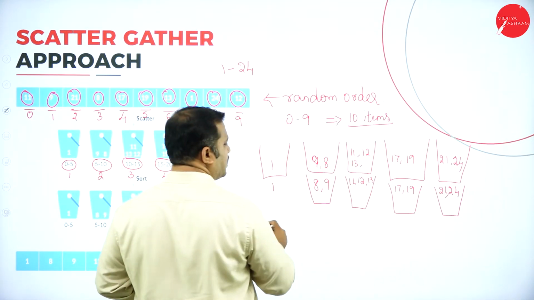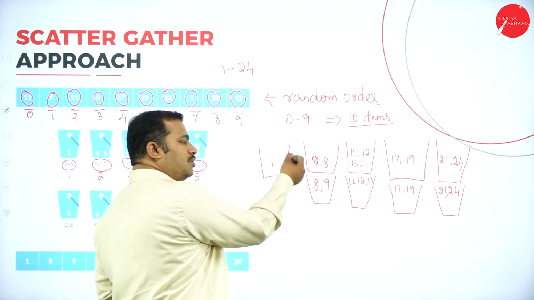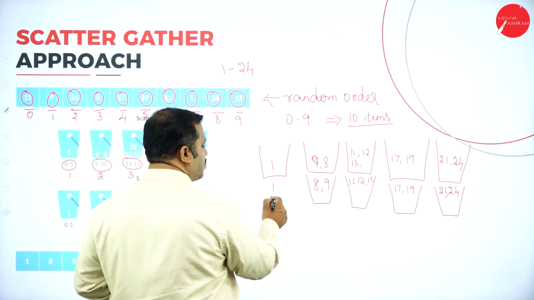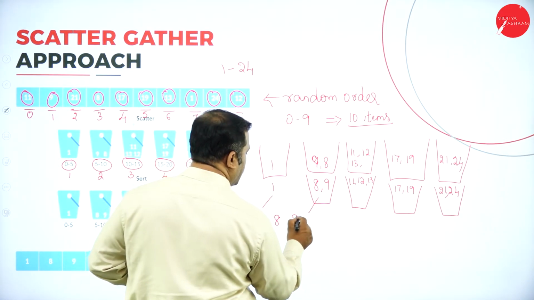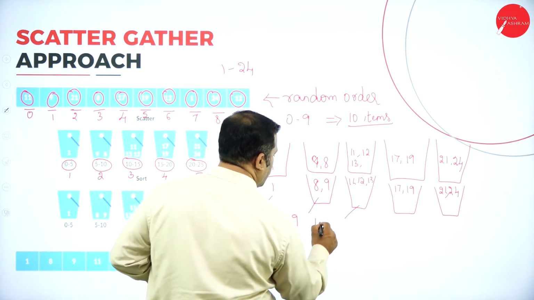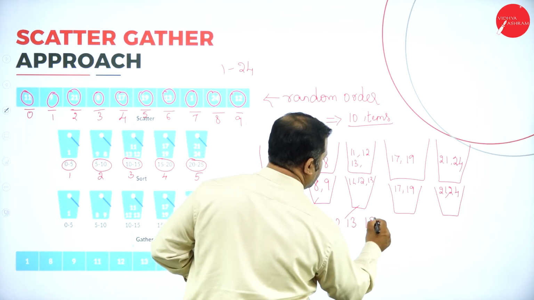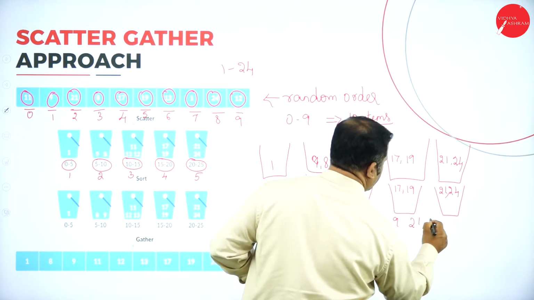So I can consider all of these items which are already stored in the buckets to be in the sorted format. So let me combine and scatter all these elements into the array. That is 1, 8, 9, then 11, 12, 13, 17, 19, 21, 24.